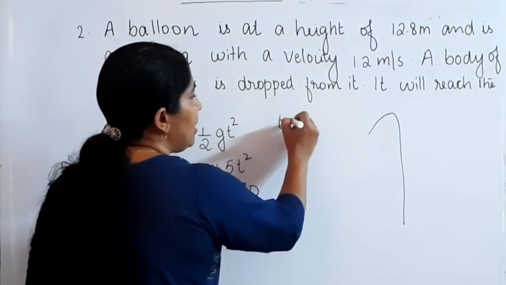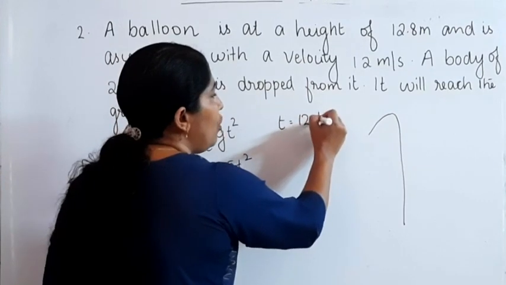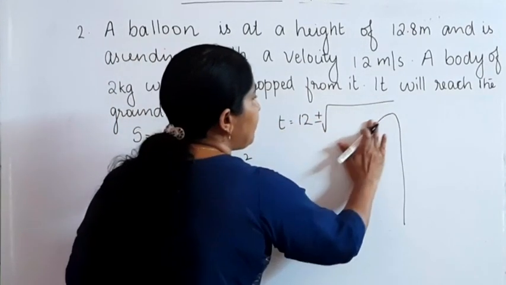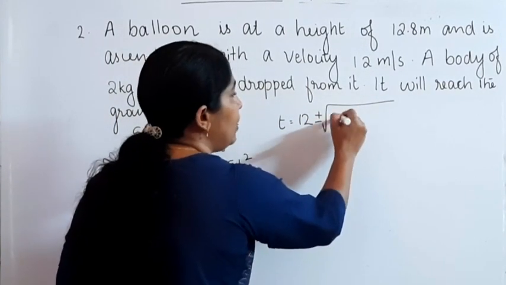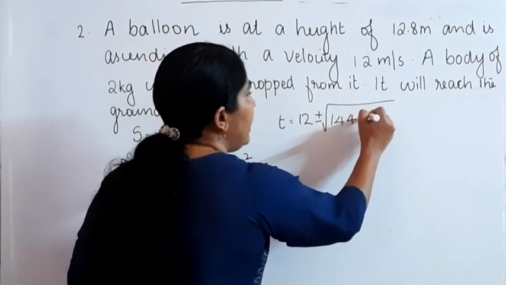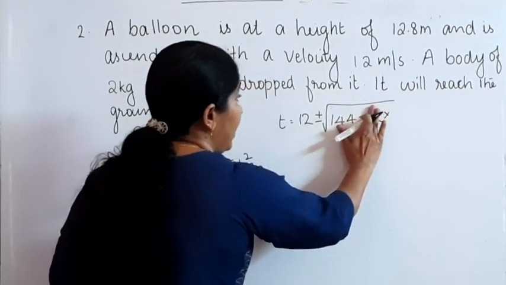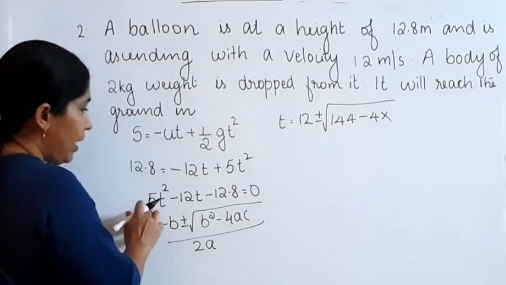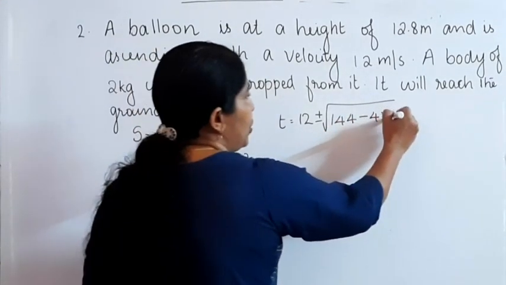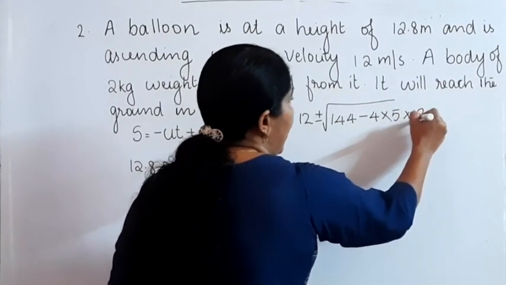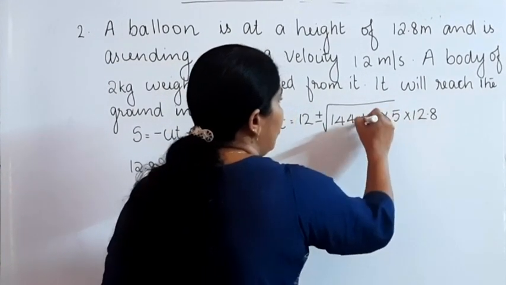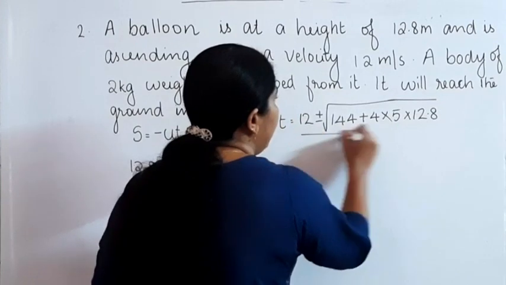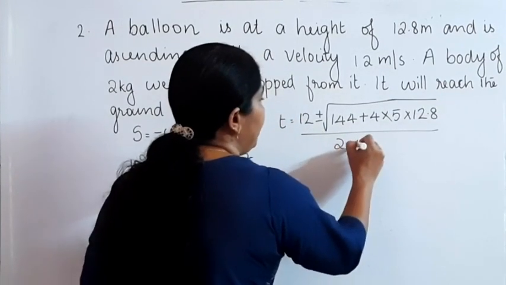Then time t is equal to 12 plus or minus root of b square. B square is equal to 144 minus 4 into a. A is equal to 5. Okay, 5 into 12.8 minus 12.8, therefore here it's equal to plus, divided by 2 into 5.